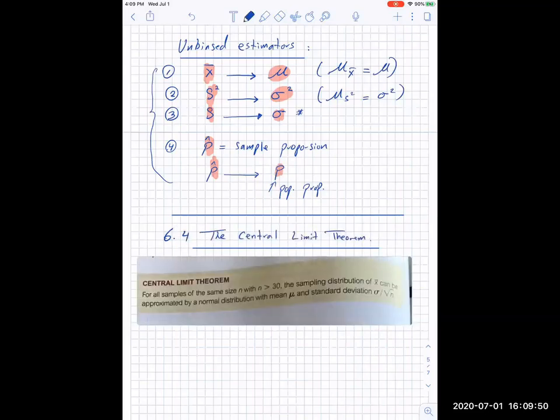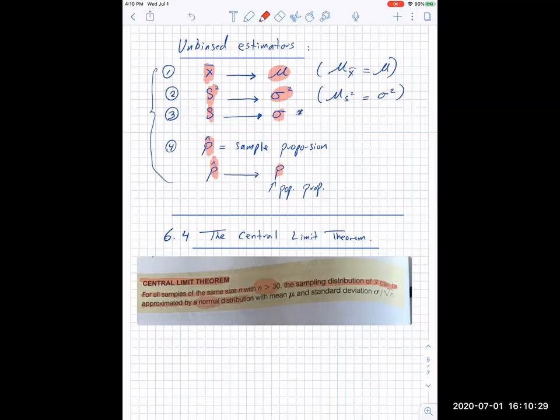It talks about the sampling distribution of sample means, the sampling distribution of X bar. The theorem says that for all samples of the same size with n greater than 30, if the sample size is greater than 30, then the sampling distribution of X bar can be approximated by a normal distribution.